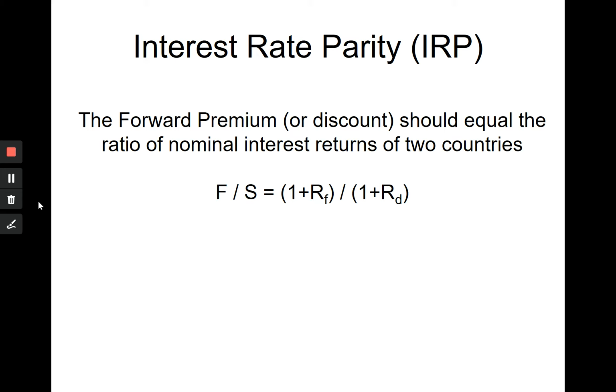The nice thing about this parity is that you could say it with words and with an equation, and both of them are as meaningful.